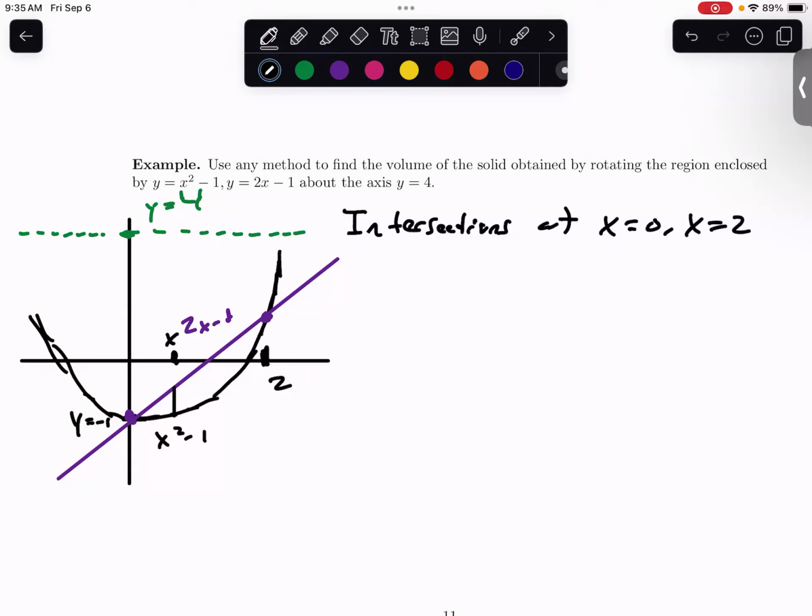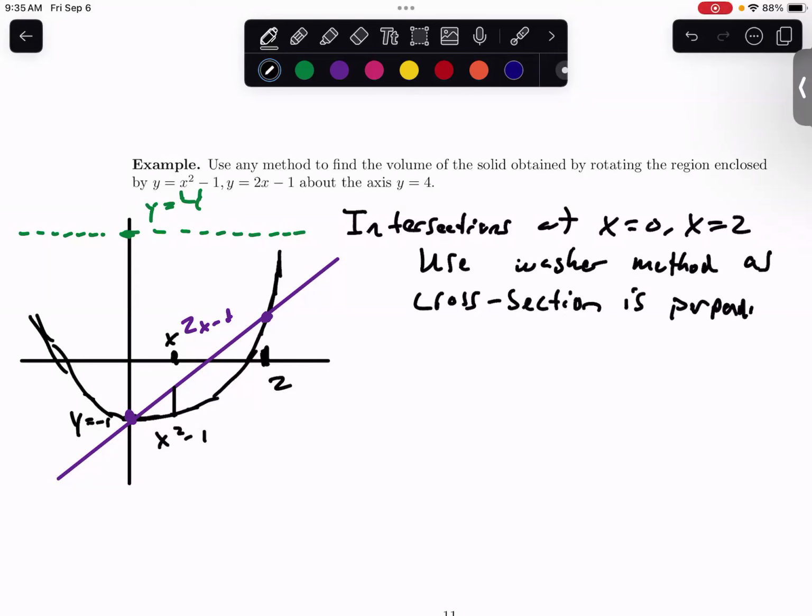If we continued the cross section, it'd be perpendicular to the axis of rotation. So this means we're going to be using the washer method, as the cross section is perpendicular to the axis of rotation.